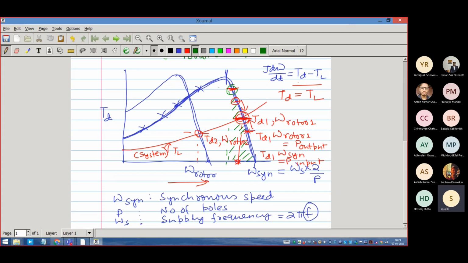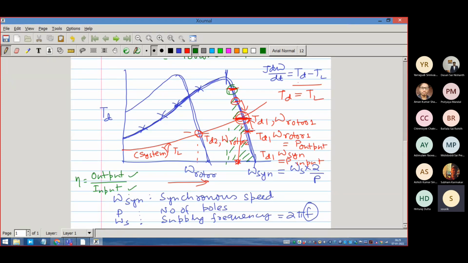Efficiency is output by input. So efficiency of a machine is output by input, right? If this ratio remains the same, then the efficiency is the same. But what we are seeing is that output doesn't increase in the same proportion as the input.